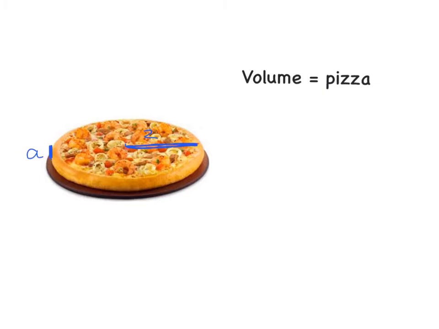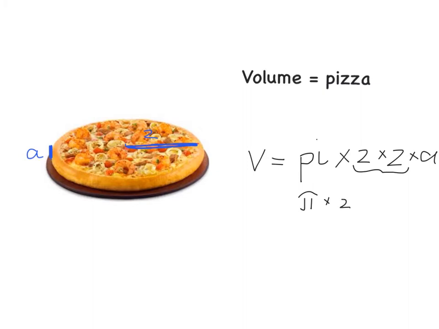So the volume equals pi multiplied by z multiplied by z multiplied by a. So we have pi multiplied by z times z, which is z squared, and multiplied by a.